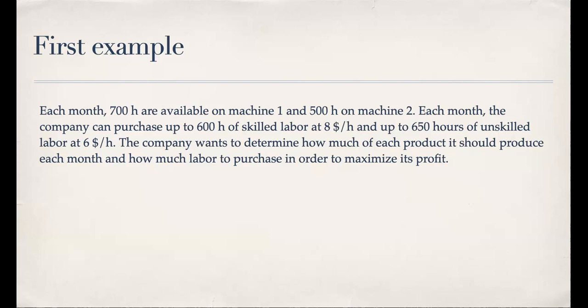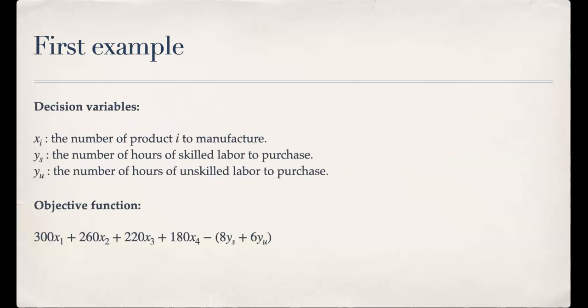Okay, so we set the plan. Our objective function is the profit. This is straightforward. It's revenue subtract by the cost, okay? And this variable, we talk about x1 to x4.